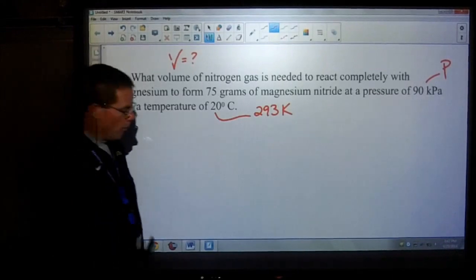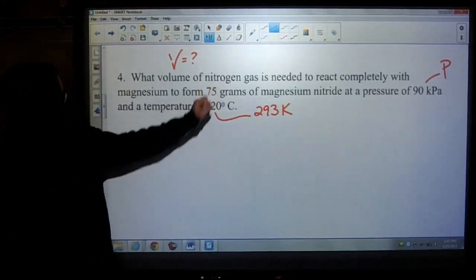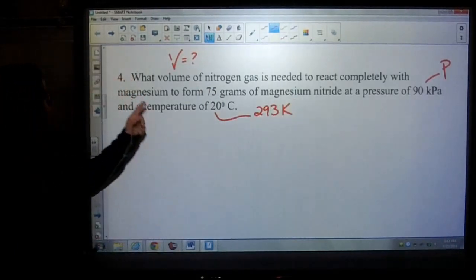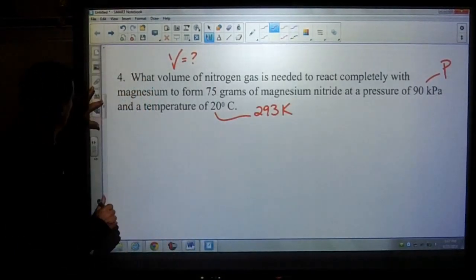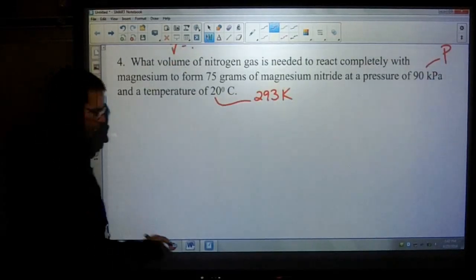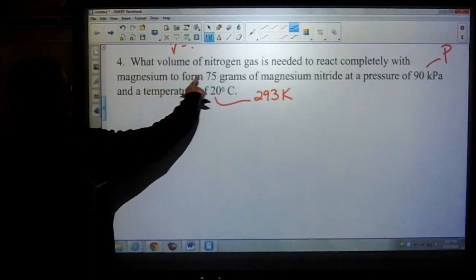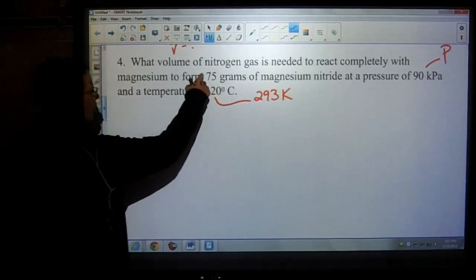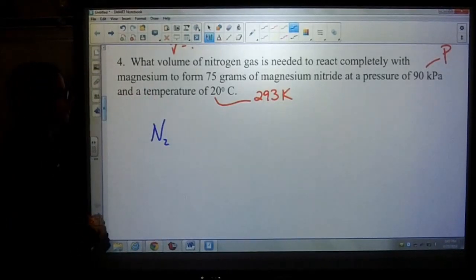Before we begin, we have to analyze the question more closely because we have nitrogen, magnesium nitride, and magnesium, so we have stoichiometry. First, write a balanced equation. What volume of nitrogen gas is needed to react? That means nitrogen is on the reactant side.